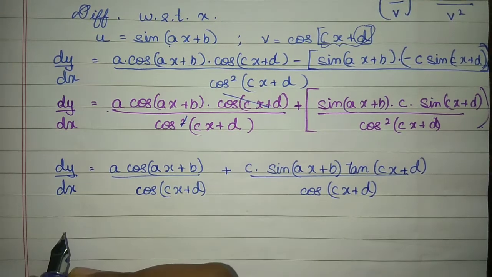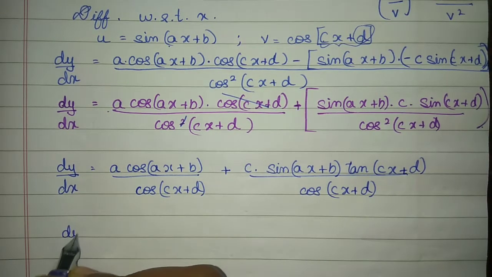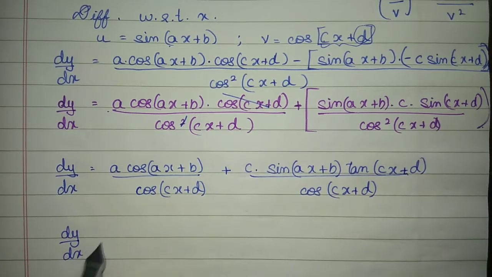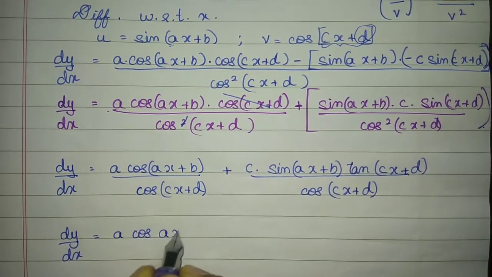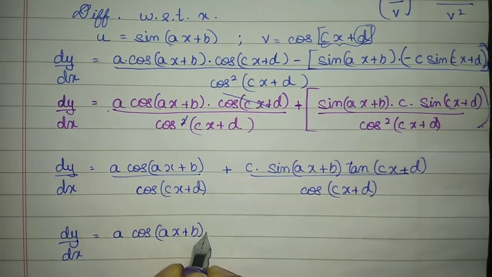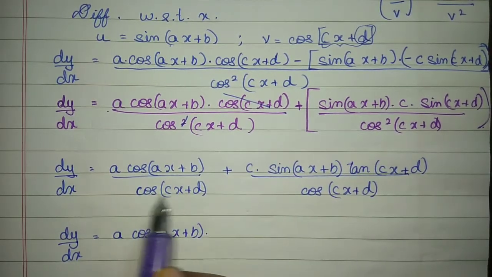So the final answer will be dy by dx is equal to a cos ax plus b into 1 by cos cx plus d, that is, of that formula.